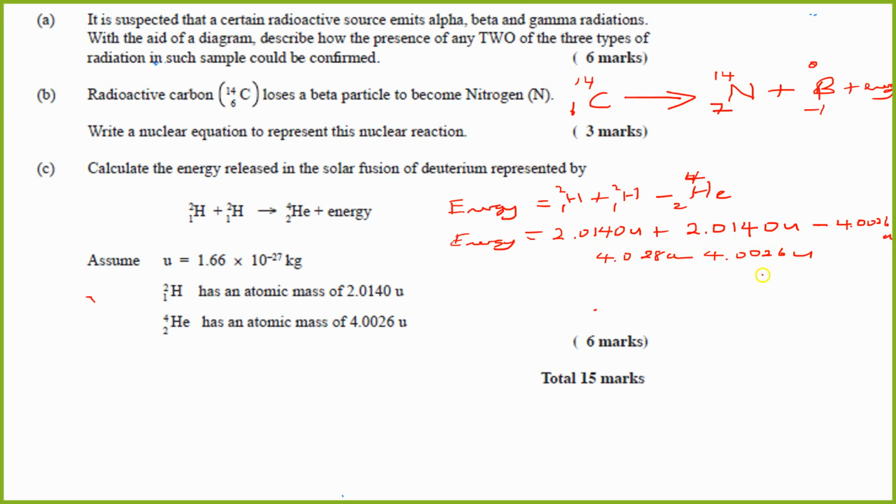Now U is what we call the atomic mass unit, right? The reason for the atomic mass unit is that the mass in kilograms is a very large unit, and because we're dealing with very, very small numbers in terms of masses, they use the atomic mass unit.